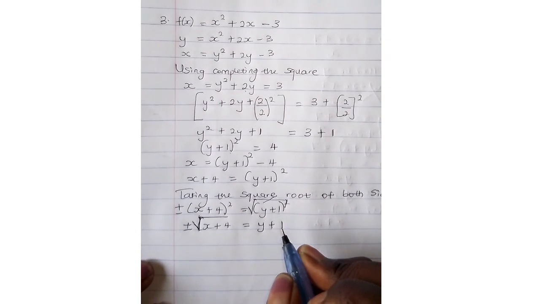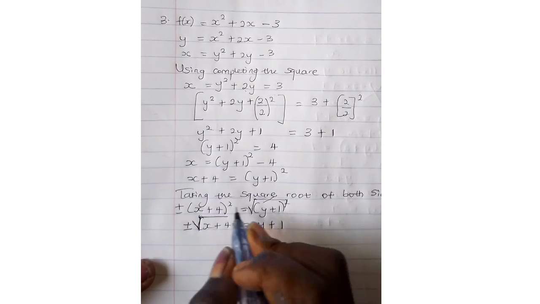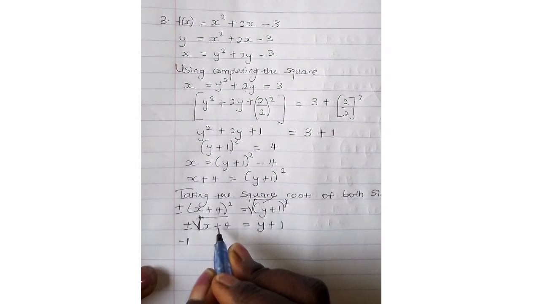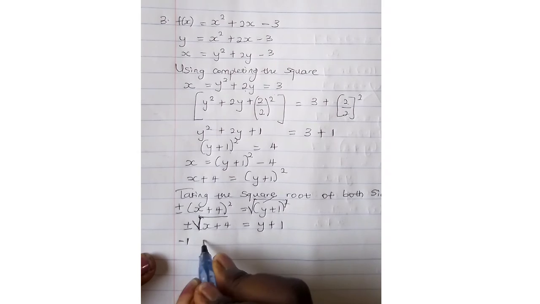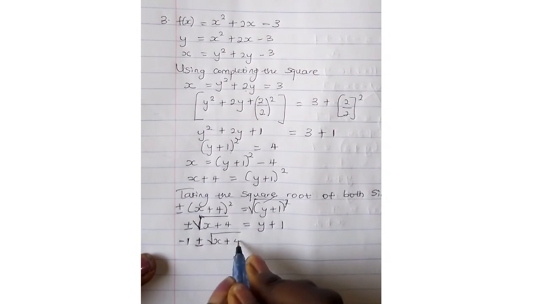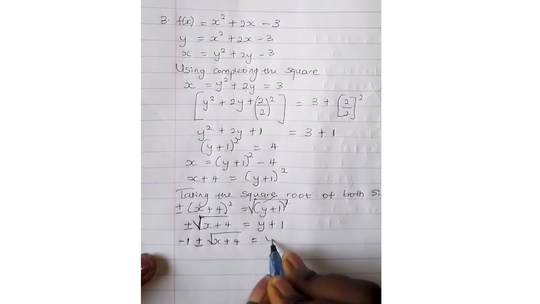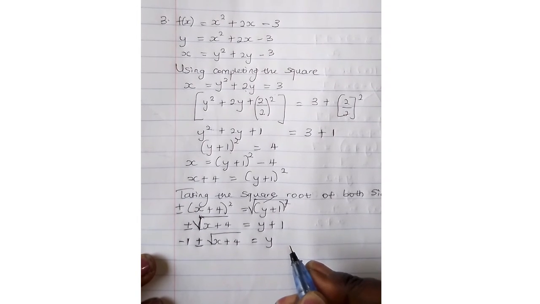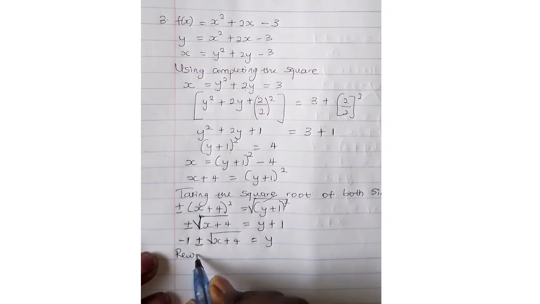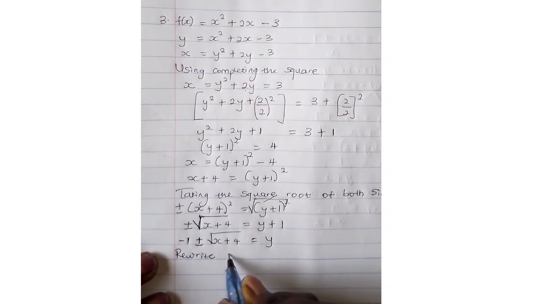We want y to stay on its own, so we move the 1 this way. We have minus 1. When a plus crosses an equal sign, it changes to minus. So we have minus 1 plus or minus the root of x plus 4, which is equal to y. Now we write y as x.